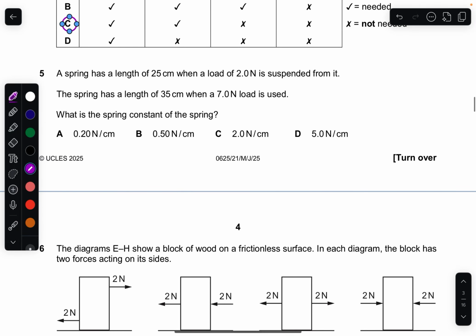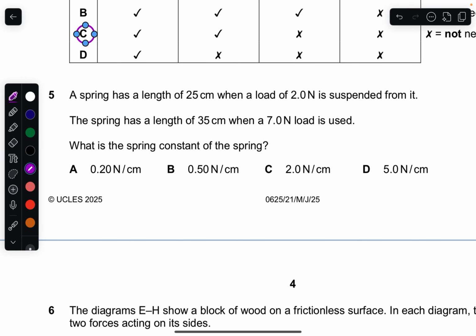In question 5, the spring has a length of 25 centimeter when a load of 2 Newton is suspended from it. So when this is the length, this is the force. You can call it L1, and this F1. This is the length L2, and this is the force F2. What is the spring constant of the spring?